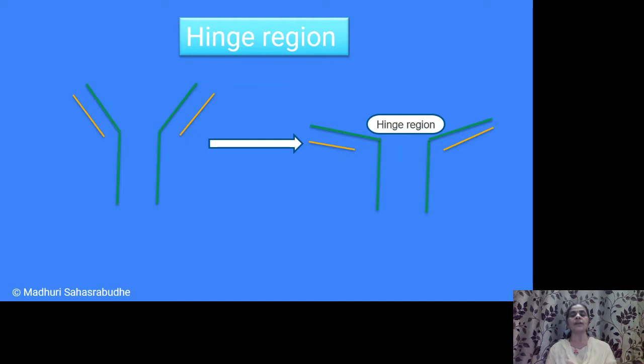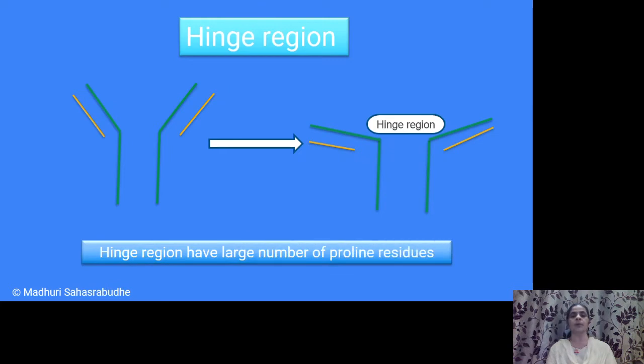That hinge region is responsible for the immunoglobulin molecule taking different shapes. The hinge region has a large number of proline residues. This is a very important point to note: the hinge region is very rich in proline amino acids.